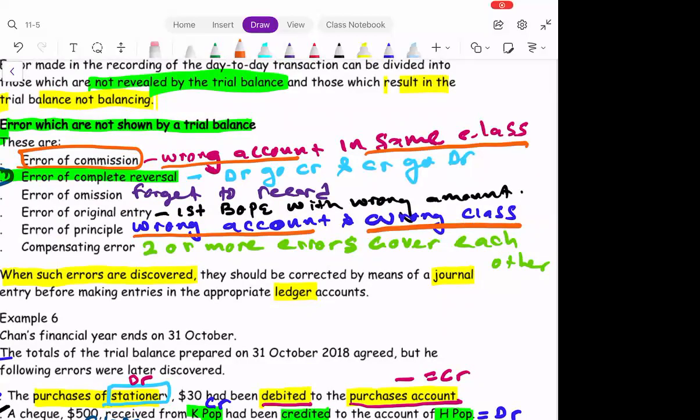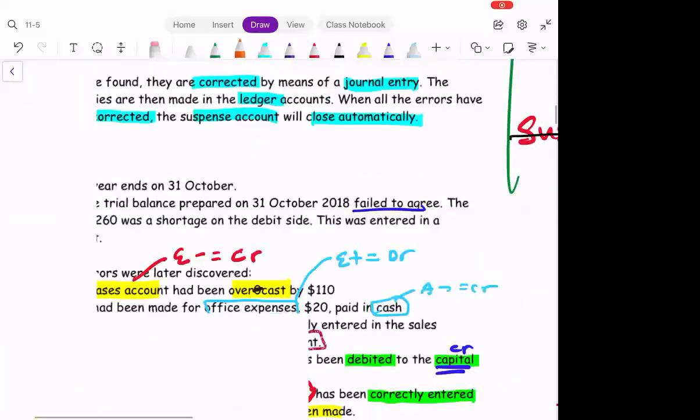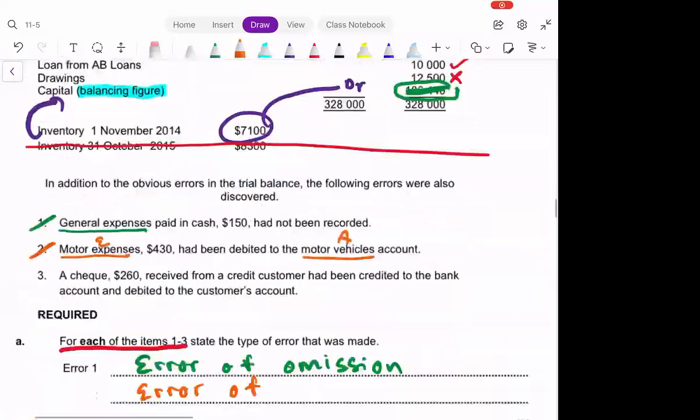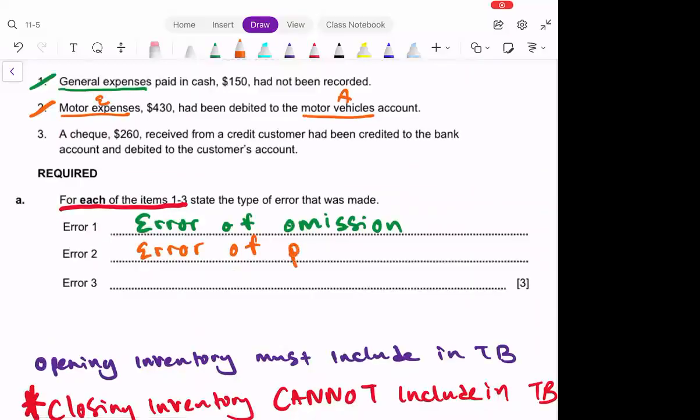Wrong account, wrong class is my error of principle. Get it or not? Error of principle. Understand? Next one, number 3.